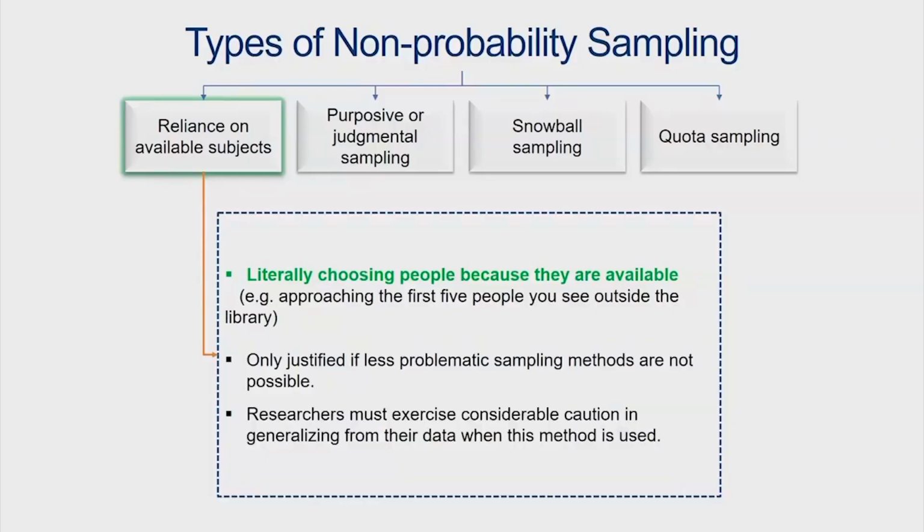Then you may just want to ask questions to the first 5 people that you see sitting in the location that you are studying. It is only justified if less problematic sampling methods are not possible, and researchers must exercise considerable caution in generalizing from their data when this method is used.